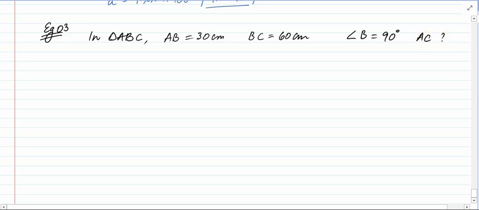So first thing you need to do is plot the sketch. So let's label it A, B, C. B is at 90 degrees. So AB is 30 and BC is 60. You need to find the length of AC. Very simple example of Pythagoras. So it will be x square is equal to 30 square plus 60 square.